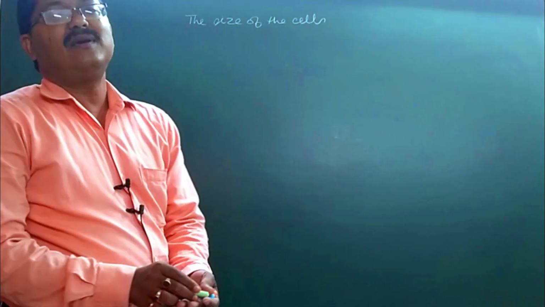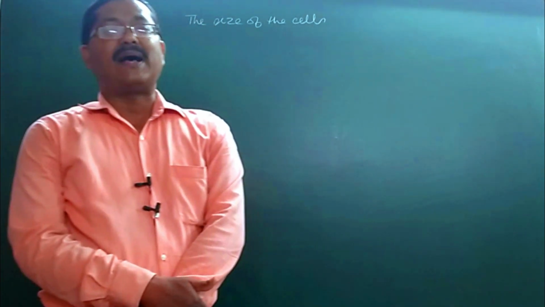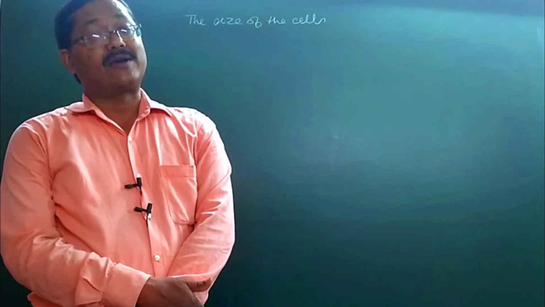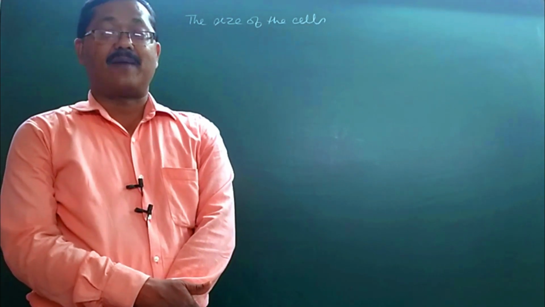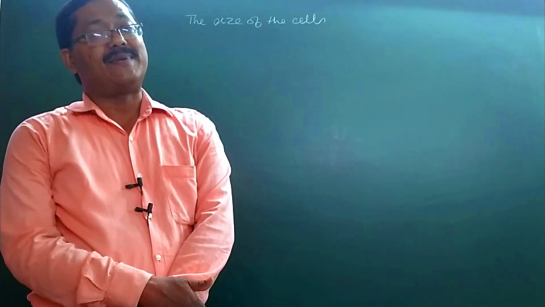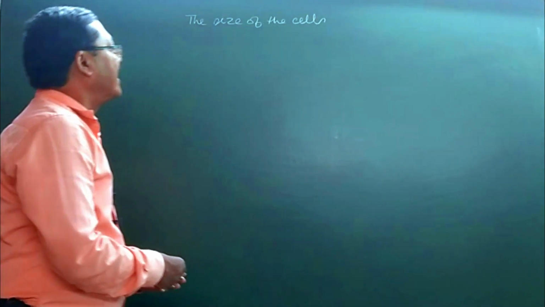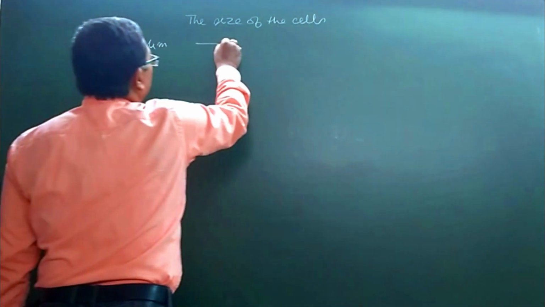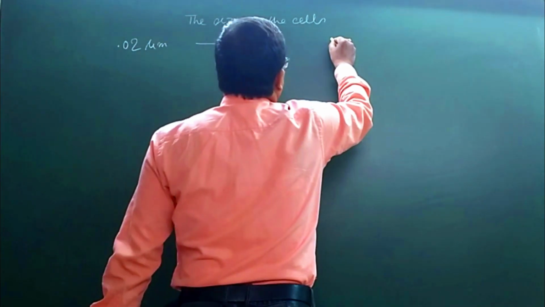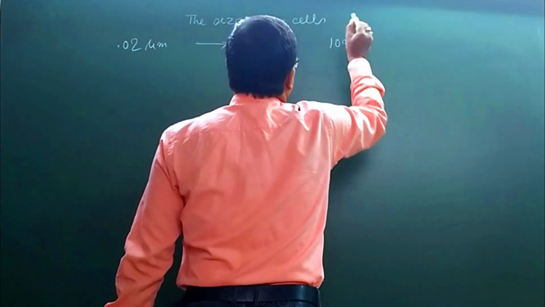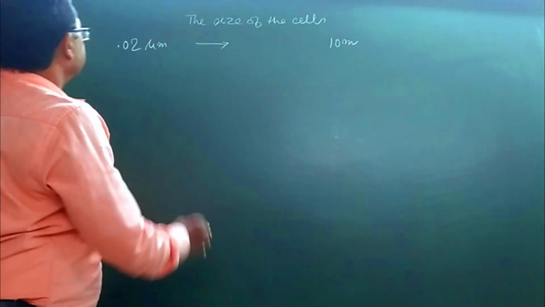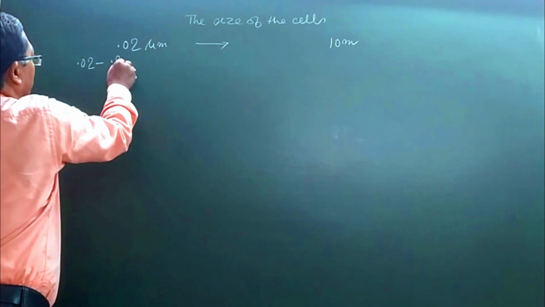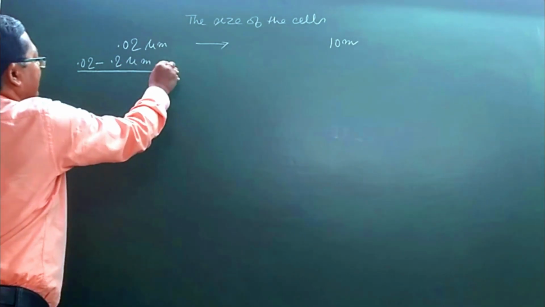In the living kingdom, the animal kingdom as well as the plant kingdom, even the living world, when we consider the mycoplasma, virus and bacteria, different cells have different sizes. They range from 0.02 micrometer to 10 meter. Very small size cells, 0.02 to 0.2 micrometer, these are the virus.